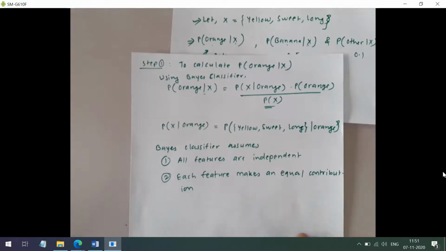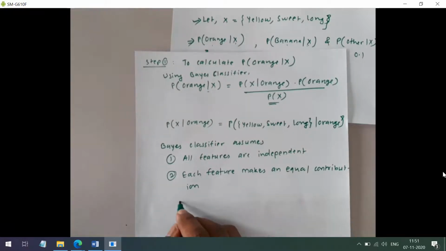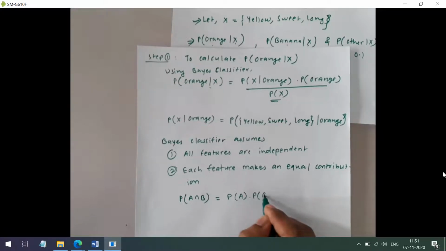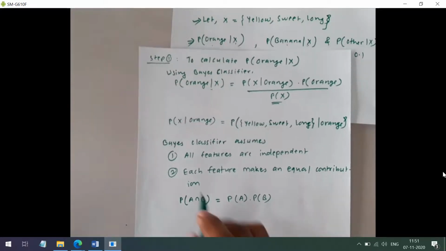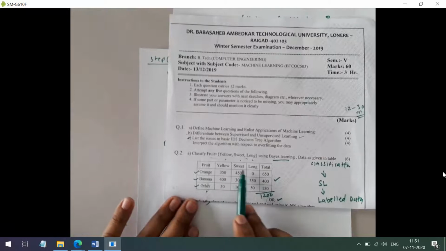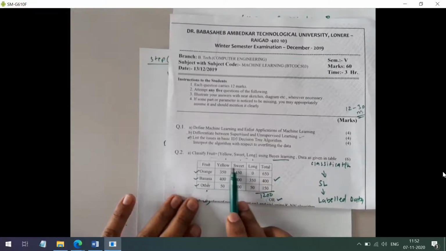And in probability theory we have learned that if we have two events A and B, and if they are independent, we can directly multiply them, right? This is according to probability theory. Here we are assuming that all features are independent, meaning we have three features here, that is yellow, sweet and long. They are independent.